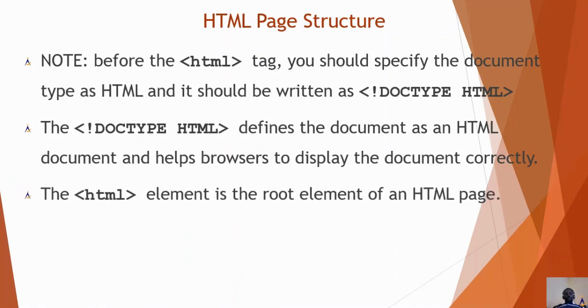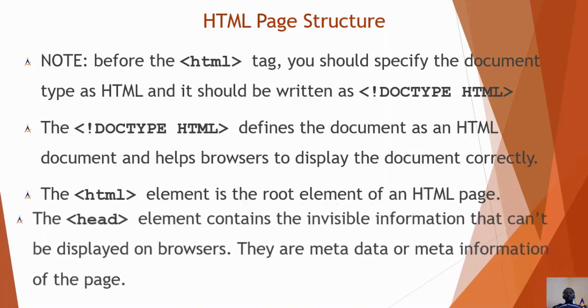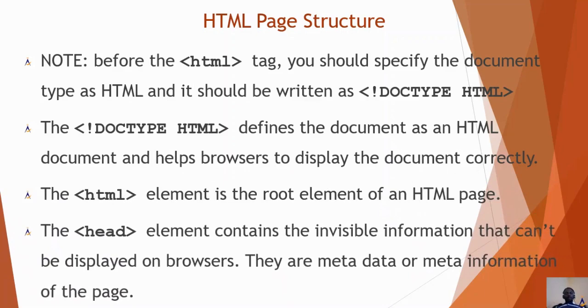Also, now that you have written that document type specification, the next thing is for you to write an HTML root element. This is a container which carries the head section and body section. Next, after writing that HTML open tag, you write the head section to define the meta information of your web content.